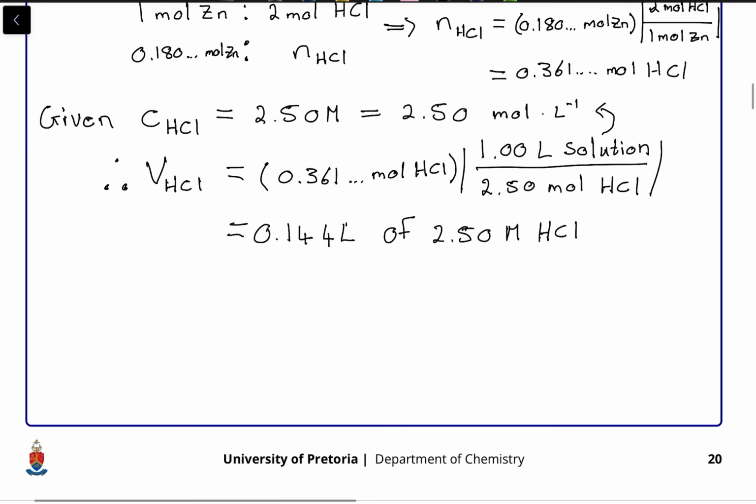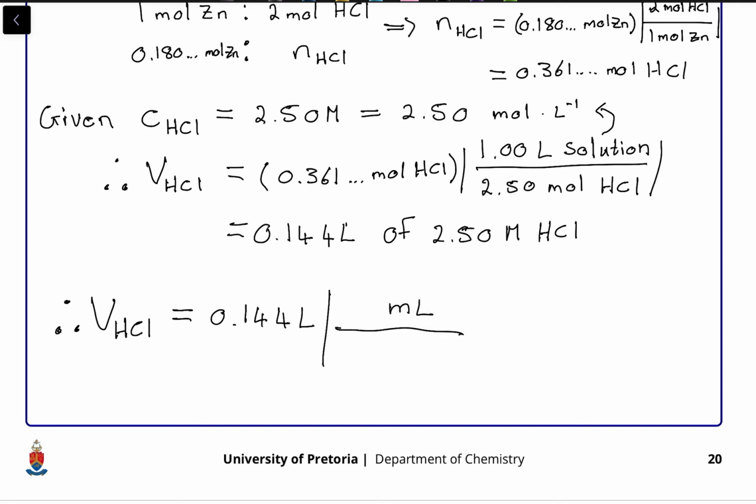So we just need to convert that quickly. I like writing conversion factors. So, 0.144 liter. Remind yourself, what do we want? We want milliliter. What do we have?